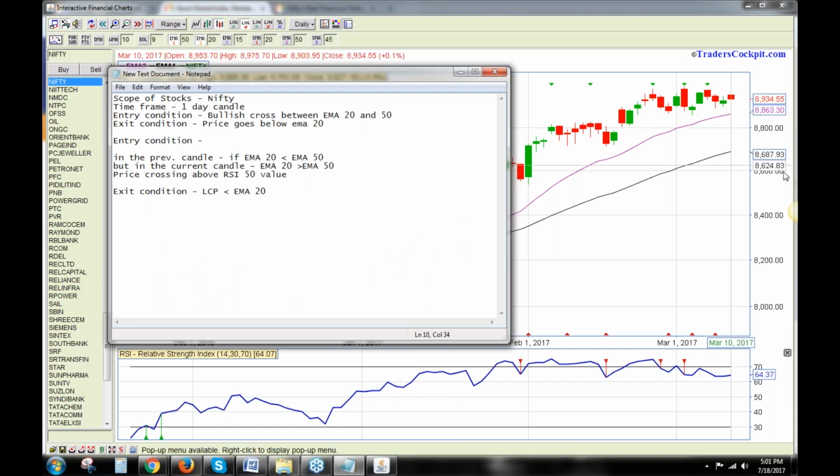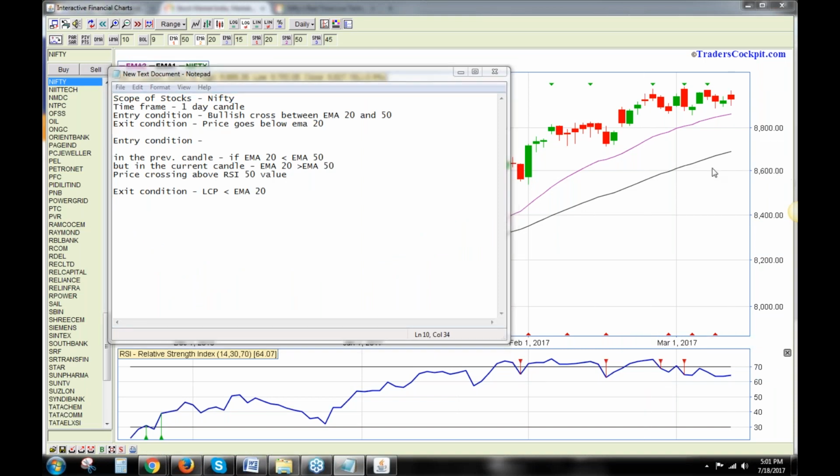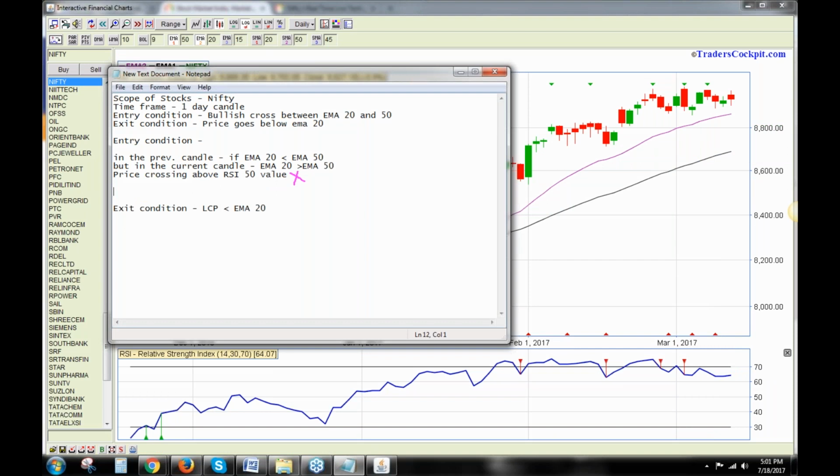So here we can discard this, and rather add something like, sorry, this is not price, but this is RSI crossing above RSI 50 value.